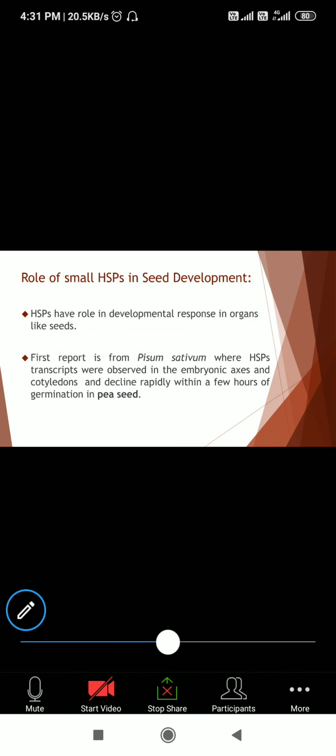Now, another example: the role of small heat shock protein in seed development. The first report on seed development came from Pisum sativum in the years 1994 and 95.